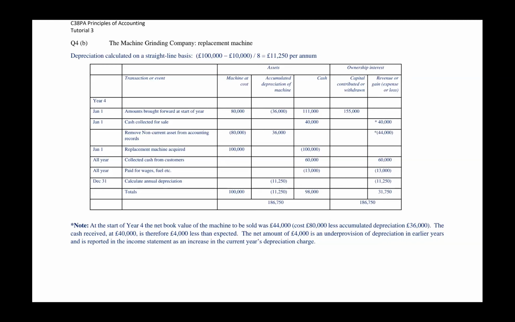Now there is the replacement of the new machine, which we're buying at 100,000. We are using cash, which is why we deduct the cash account. We now collect cash from customers, 60,000, which is part of our revenue, of course.